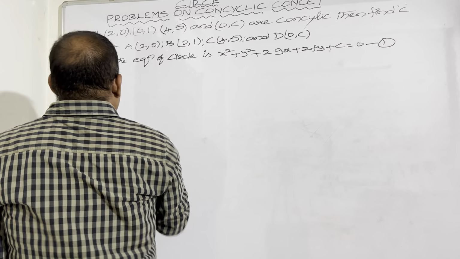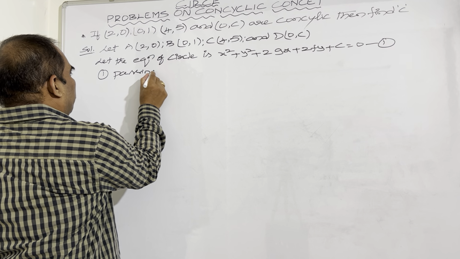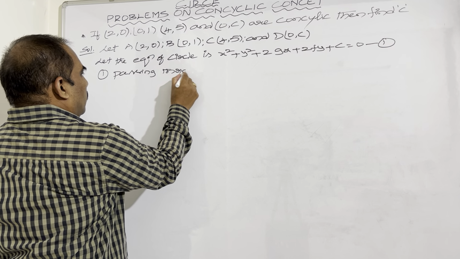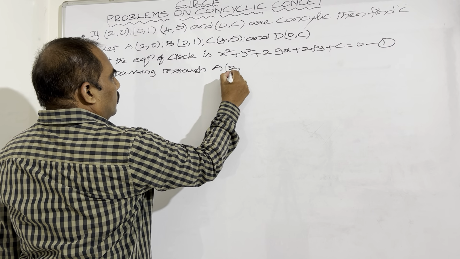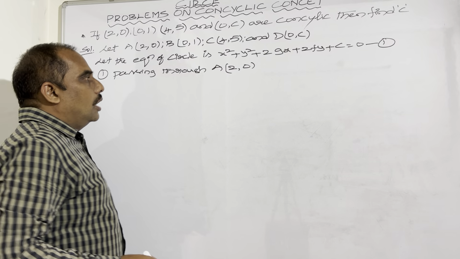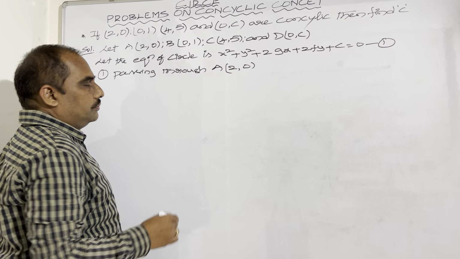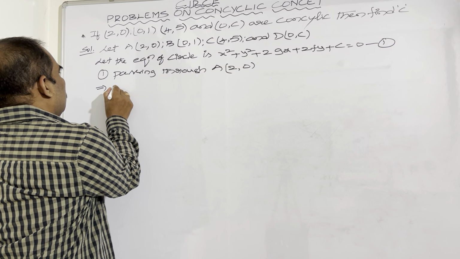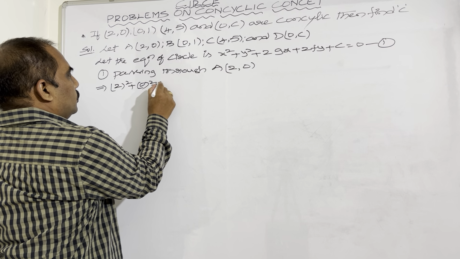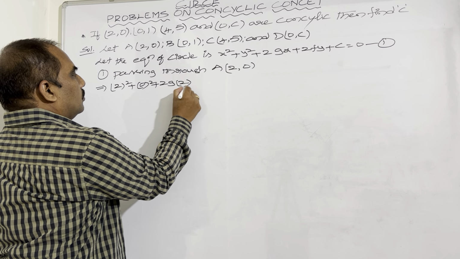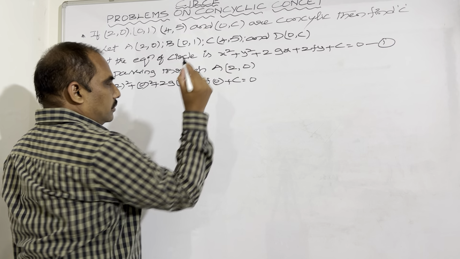So 1 passing through the first point, that is A (2, 0). Now replacing x by 2, y by 0, what do we get? 2 square plus 0 square plus 2g into 2 plus 2f into 0 plus c is equal to 0.